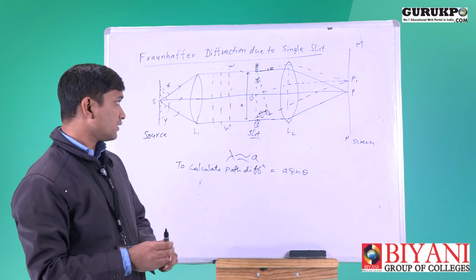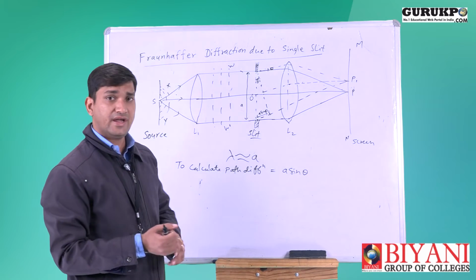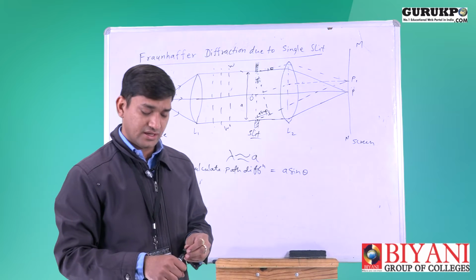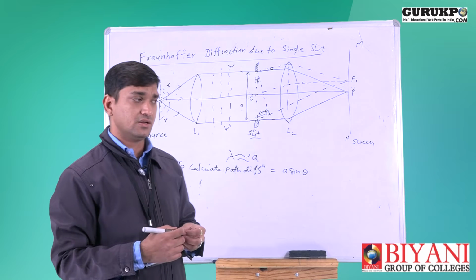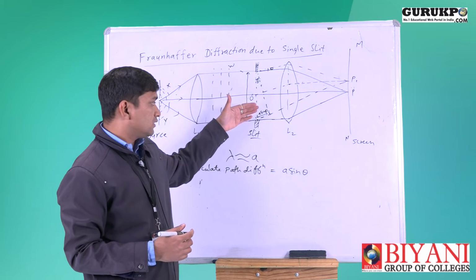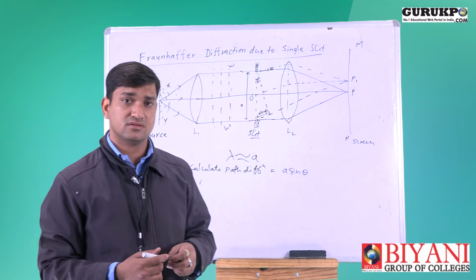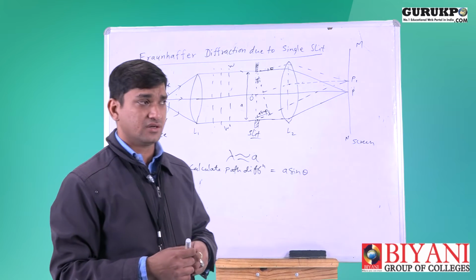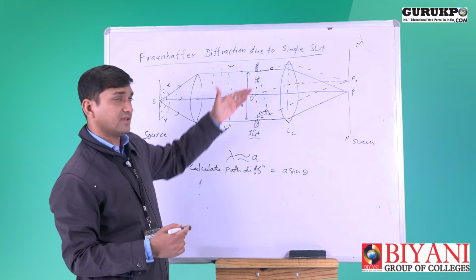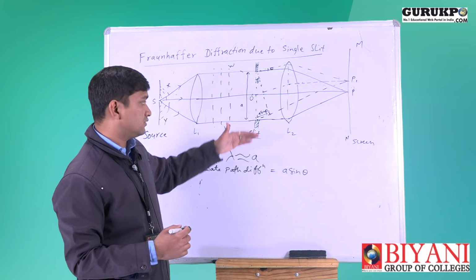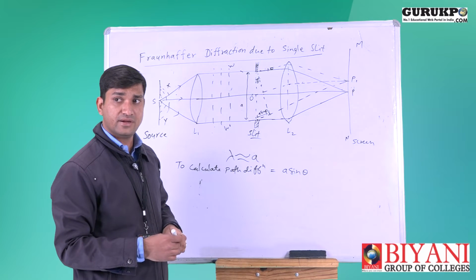Now if we divide this slit into n parts, there are two possibilities. If n is an even number, then the diffraction pattern we observe at the screen is known as the minimum condition, because these even parts cancel out each other, since the path difference from each part will be lambda by 2.